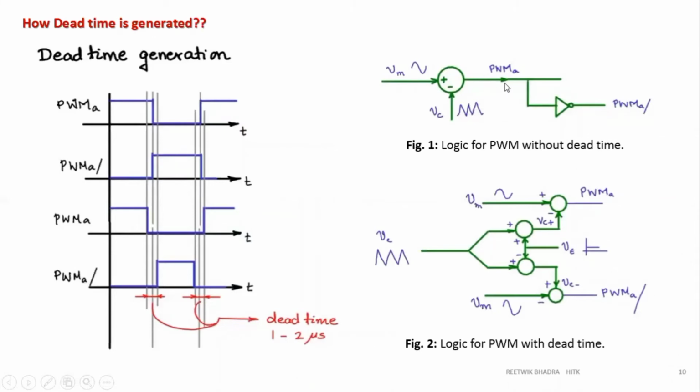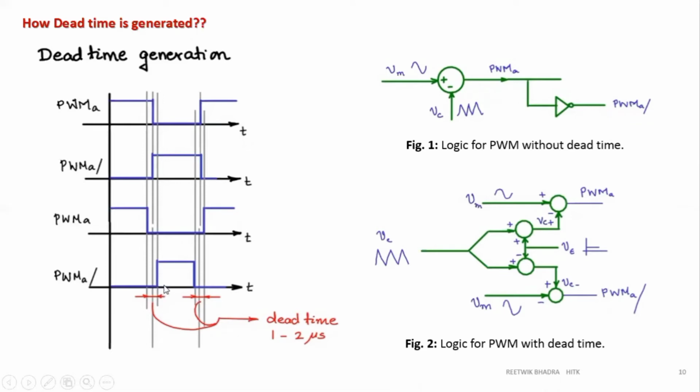We were getting PWM A over here, and the NOT gate gave me PWM A bar. But what we want to get is PWM A and A bar like this, right? So we don't want this PWM A to turn off at this middle line. We want it to turn off a little bit earlier, and this PWM A bar not to turn on at this middle point.